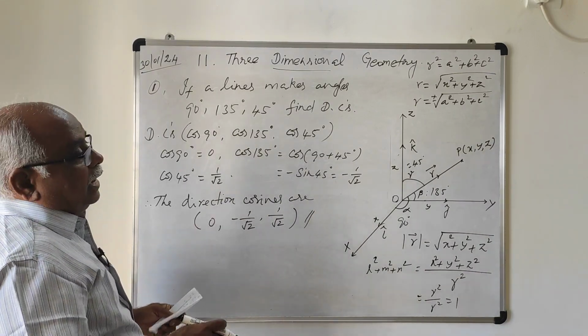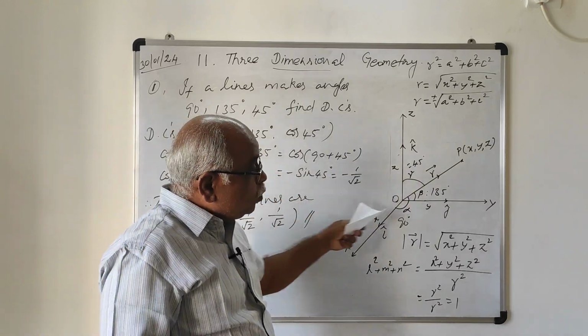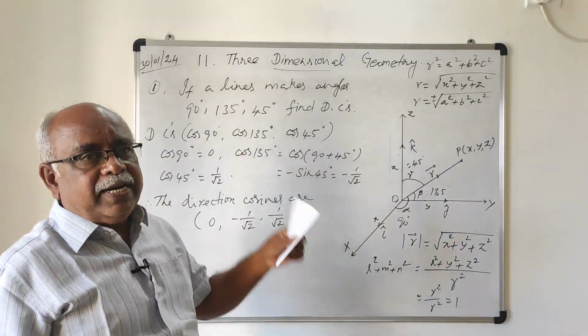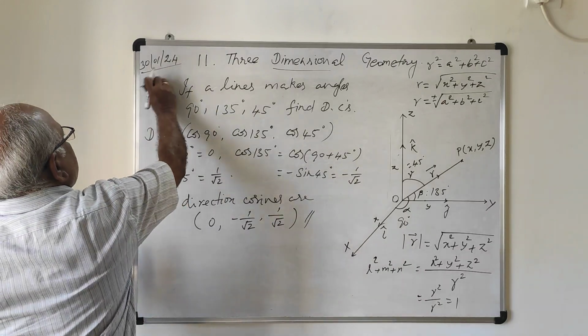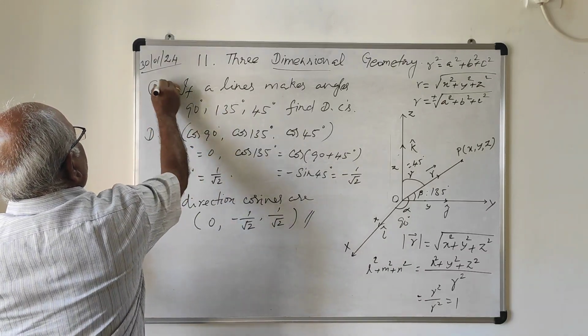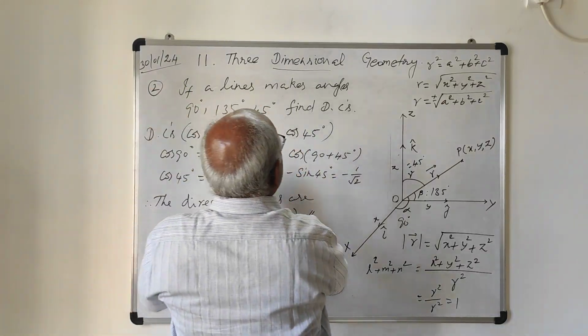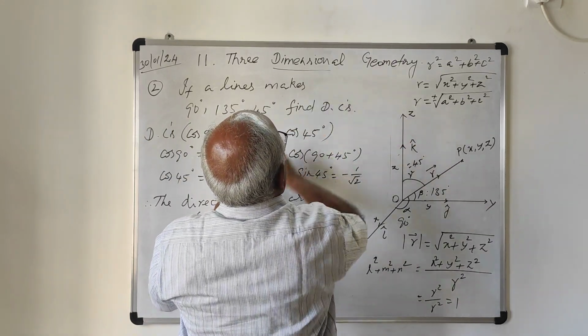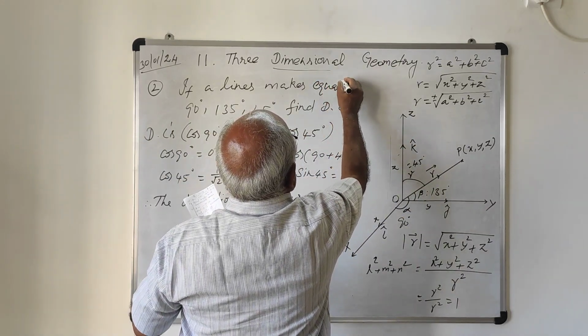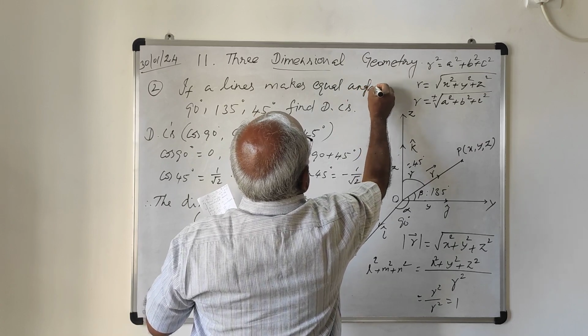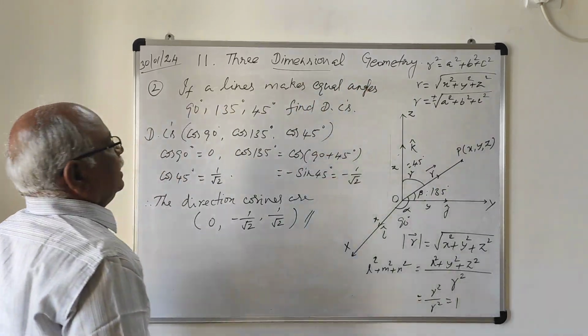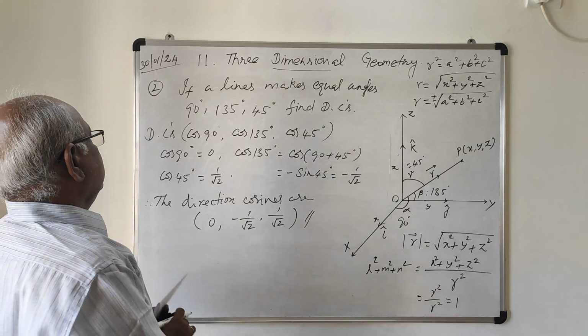If the line makes equal angles with the coordinate axes, find its direction cosines. Second problem: the given line makes equal angles with the coordinate axes, then find its direction cosines.